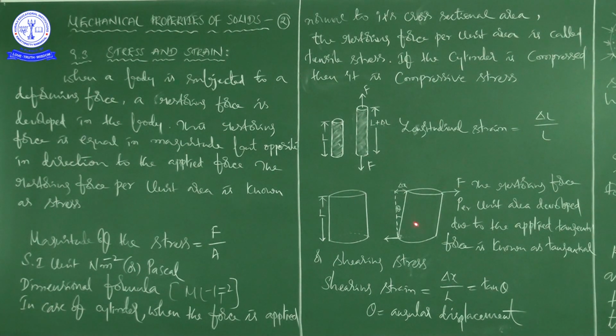In this case, just observe these two pictures. If two equal and opposite deforming forces are applied parallel to the cross-sectional area of the cylinder, here perpendicular to the area of cross-section, here parallel to the area of cross-section, then what will happen? There is a relative displacement between the opposite faces of the cylinder. These two are the opposite faces.